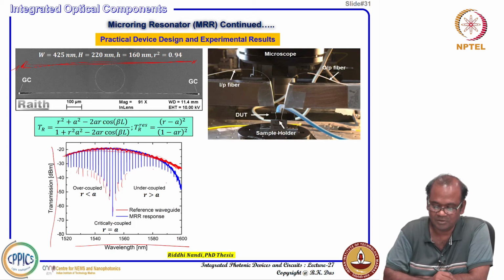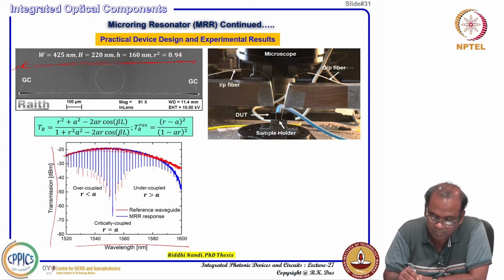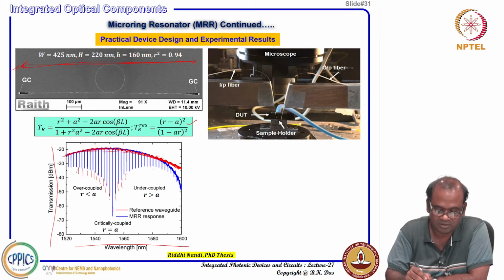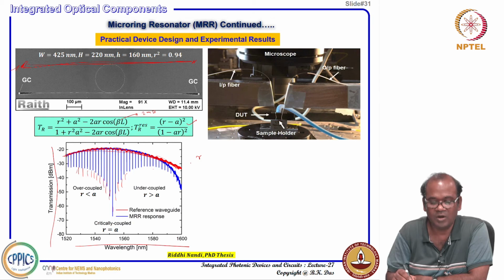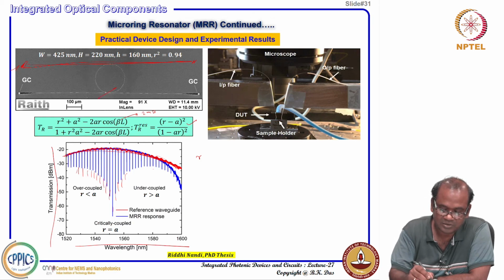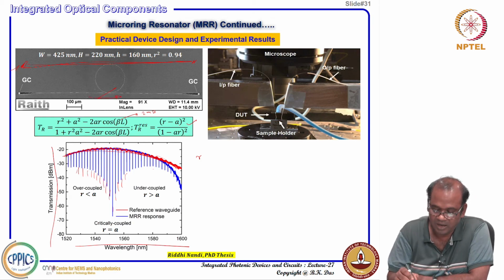What is the reason? Because at the resonance wavelength the transmission is equal to (R minus A) squared divided by (1 minus AR) squared, that means βL equal to 2mπ. You just put 2mπ, then you get this result. R is the self coupling coefficient and A is the round trip loss.